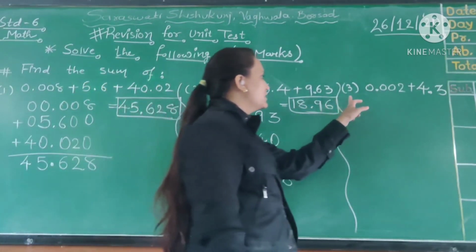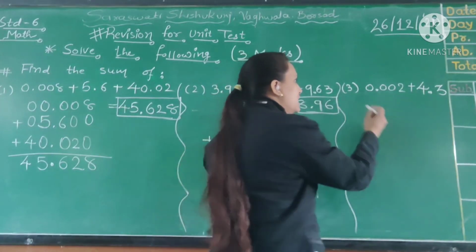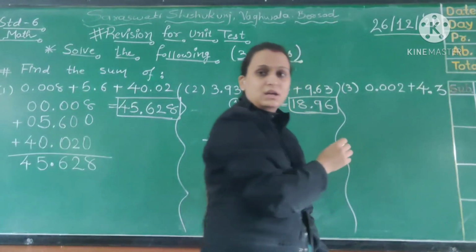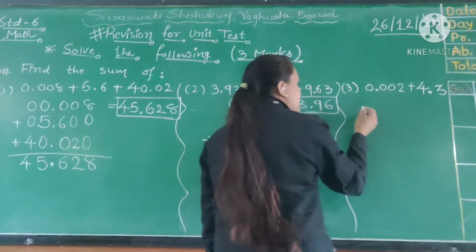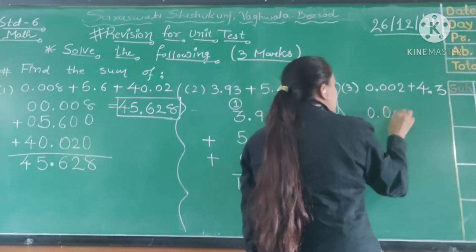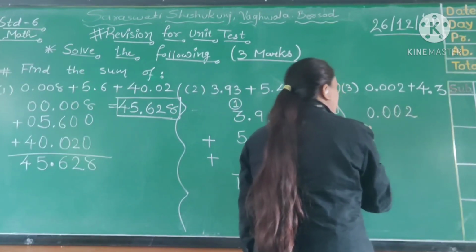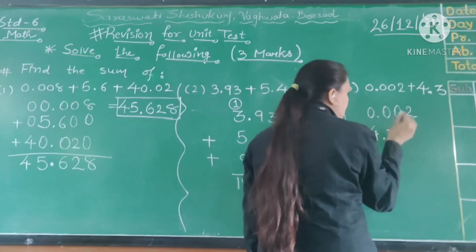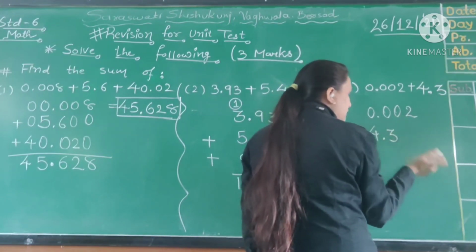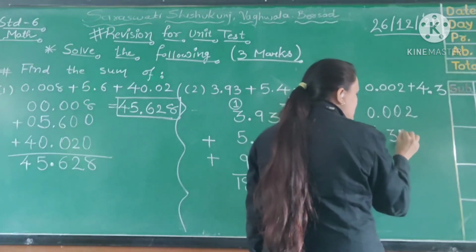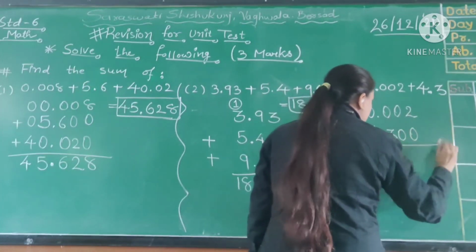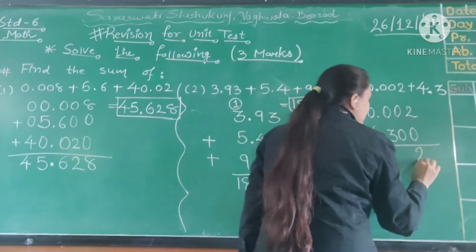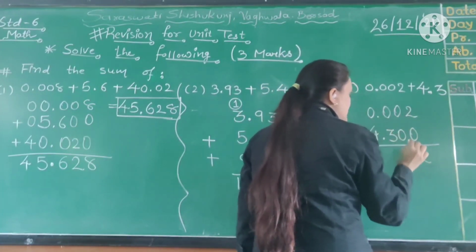Now let us do the third number. In the third number we have 0.002 plus 4.3. Here we have only 2 numbers. So 0.002 plus 4.3. There is no digit at the hundredth and thousandth place, so we have to take 0, 0. Now let us start the addition. 2 plus 0, 2. 0 plus 0, 0.